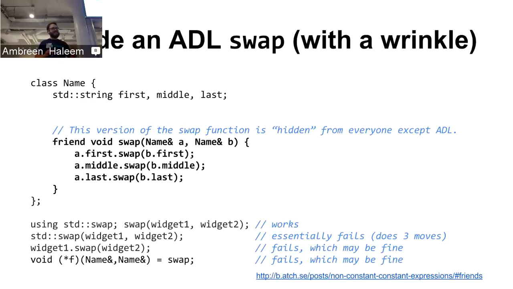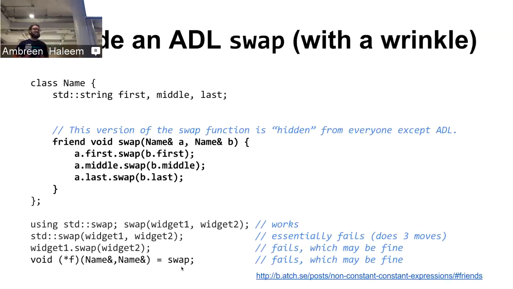It's this weird hidden namespace that's only accessible to argument-dependent lookup, which means I can say swap widget 1 with widget 2, name 1 with name 2, and it will find it. But if I try to access just that name directly, as in this last line here, this, which would work with the previous slide, has now stopped working.